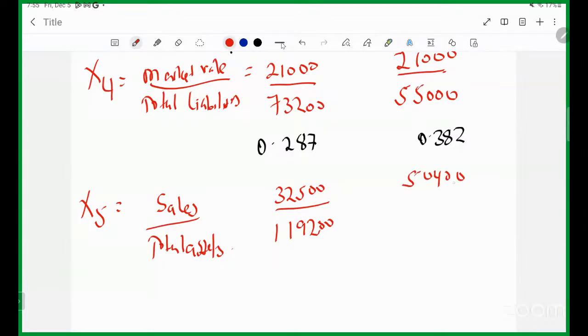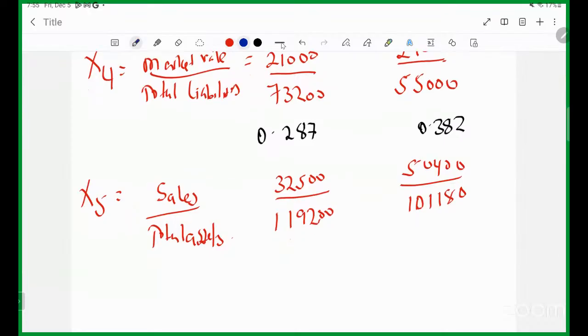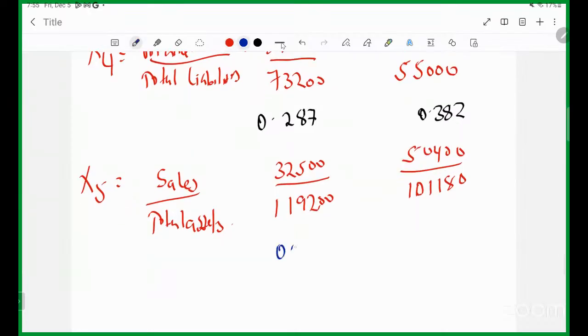So what do we have here? 0.273. And for the other year, 0.298. Is it 0.498?